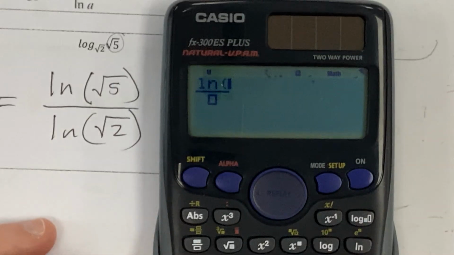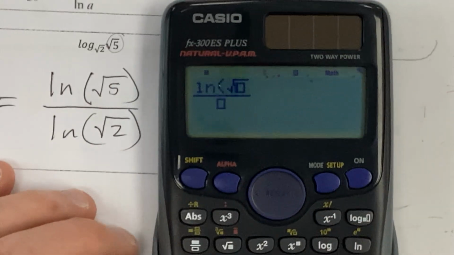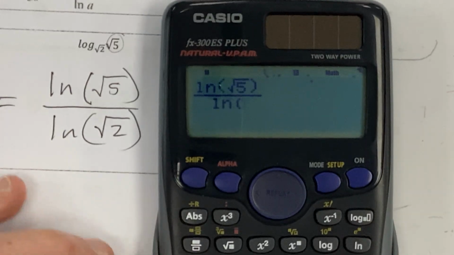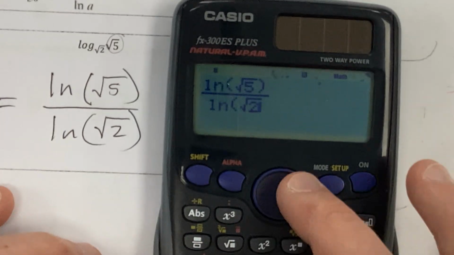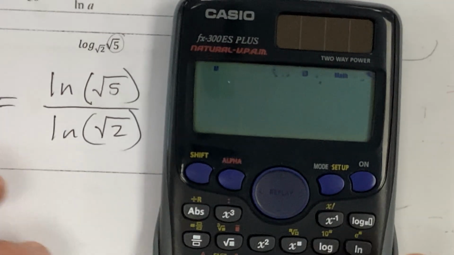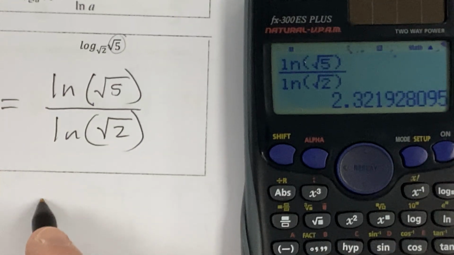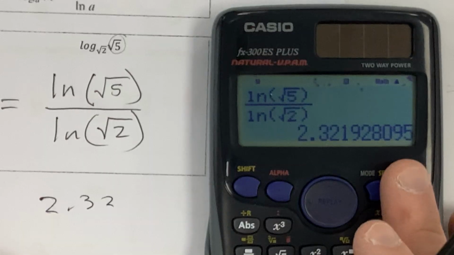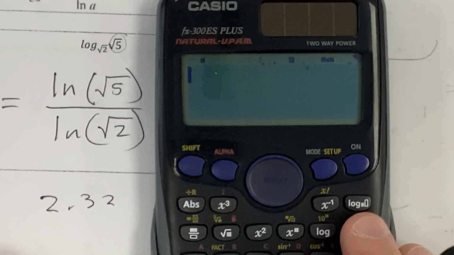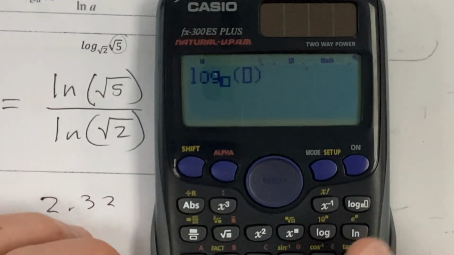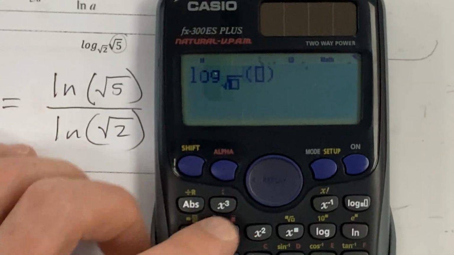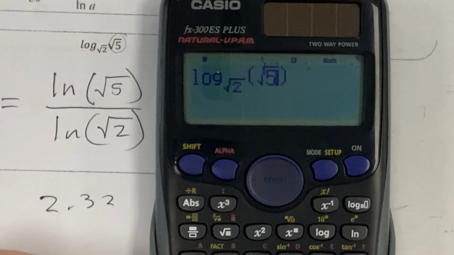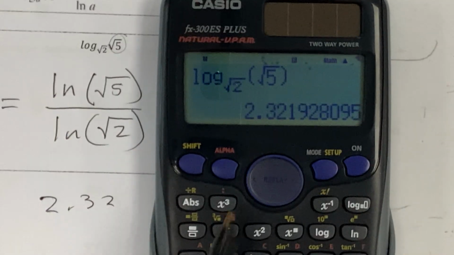Fraction, ln, square root of 5, ln, square root of 2, you get 2.32. And just compare that to typing it in the old-fashioned way. Log base square root of 2 of the square root of 5. 2.32.